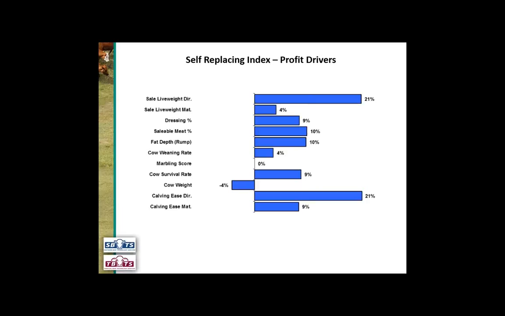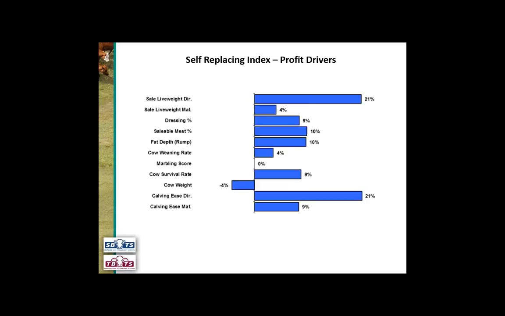If you look down a bit further, you'll see that a profit driver is cow weaning rate. We don't have an EBV for cow weaning rate. What we do have are EBVs for female fertility and male fertility, which both impact cow weaning rate. Marbling score, in this case, we don't have a direct EBV.